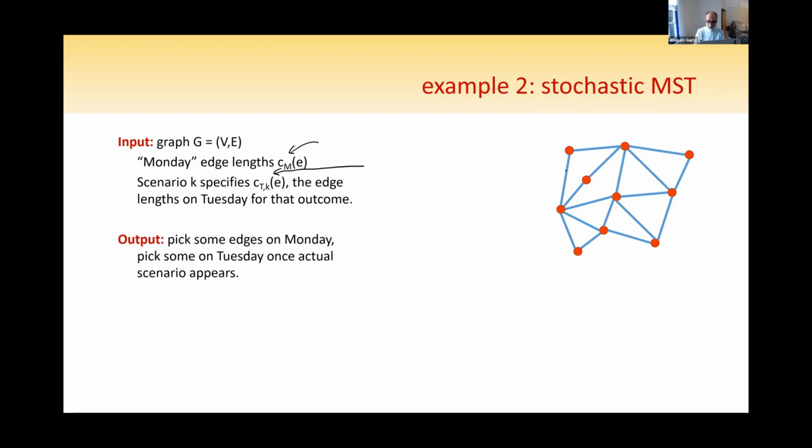You might say this edge is going to go up by a huge amount on Tuesday, so maybe I should buy it. This edge too, maybe I should buy it. And then maybe you'll buy this edge. And then on Tuesday, you'll see the actual costs and you'll buy some more edges. It seems like a very natural problem, one of the motivating problems when these things were being studied.